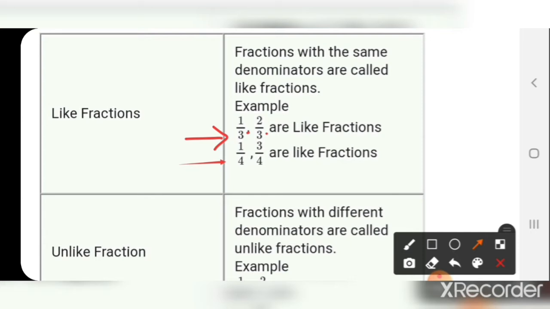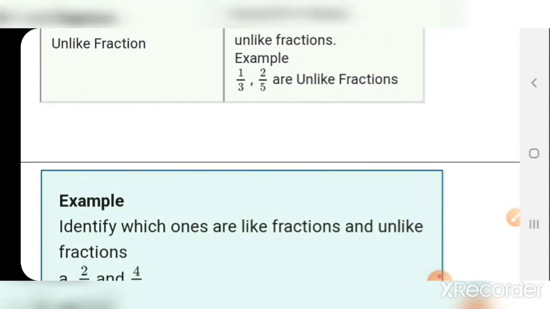Fractions with the same denominators are like fractions. Now unlike fractions: fractions with different denominators. Here the denominator is 3 and here the denominator is 5. So these fractions are called unlike fractions because they have different denominators. Clear? Like and unlike fractions.